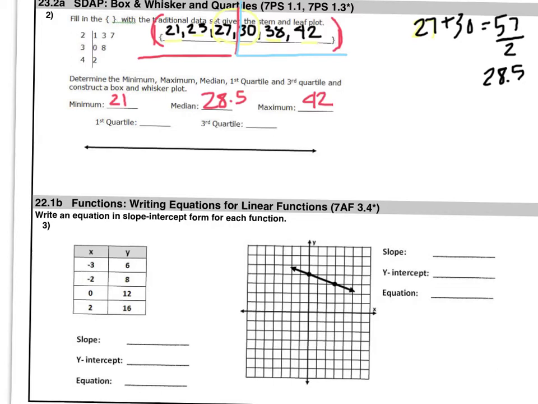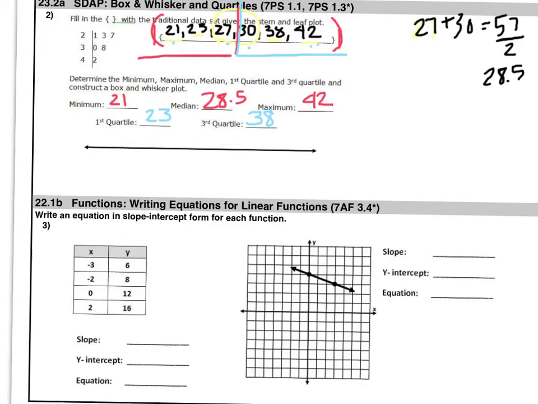So the median, again, you take the highest and the lowest and you cross them off and you're left with that median number. And so in this case, it's 23. And then our other side, the right side, is the same thing. Take the highest and lowest, and we're going to take the middle number, which is 38.